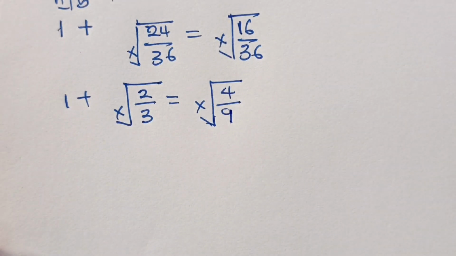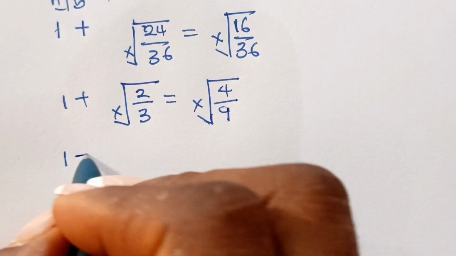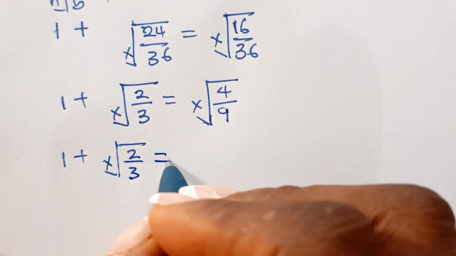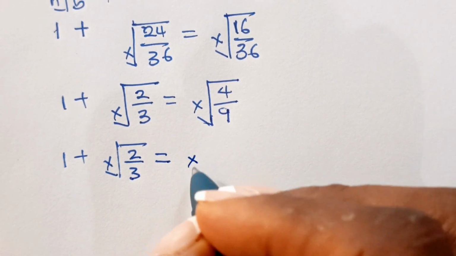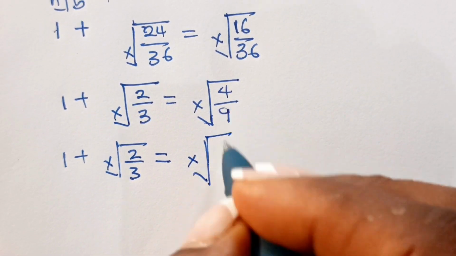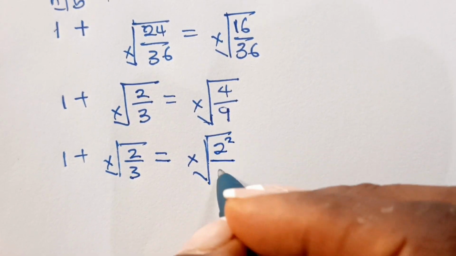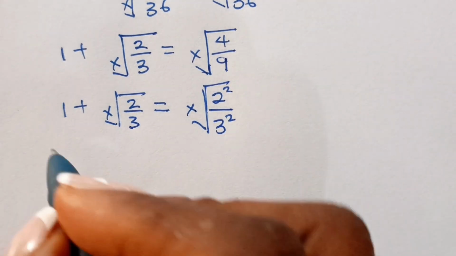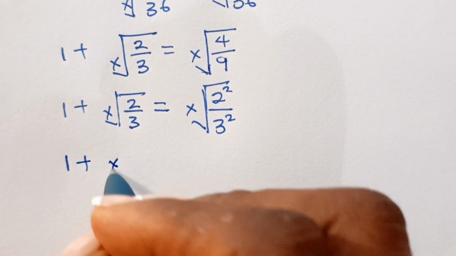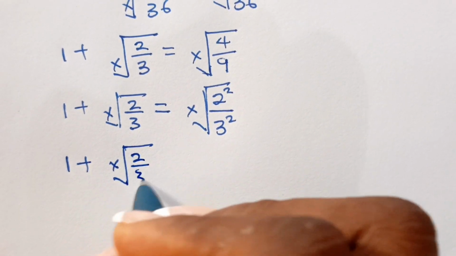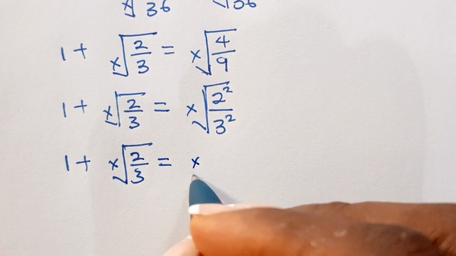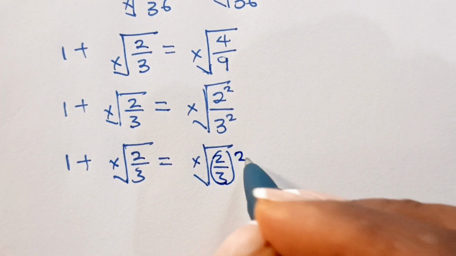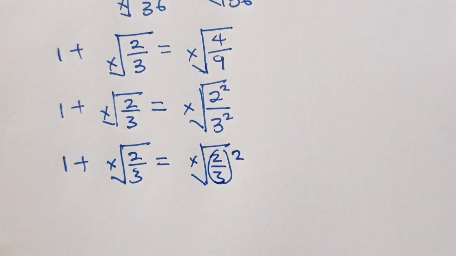All right. Now, we have 1 plus x root of 2 over 3 is equal to x root of 4 over 9. 4 is the same thing as 2 squared and 9 is the same thing as 3 squared. So we can write 1 plus x root of 2 over 3 is equal to x root of 2 over 3 raised to the power of 2, since they share the same power.